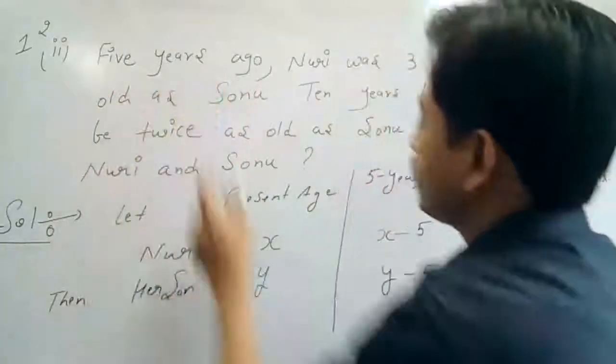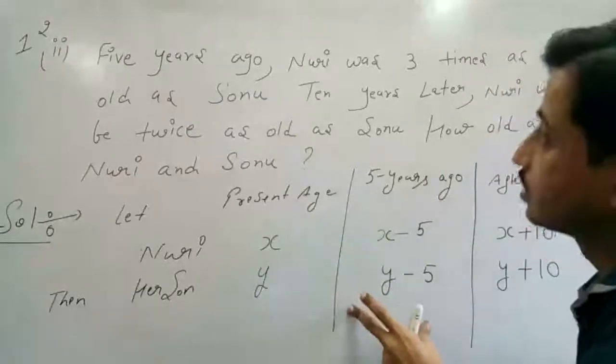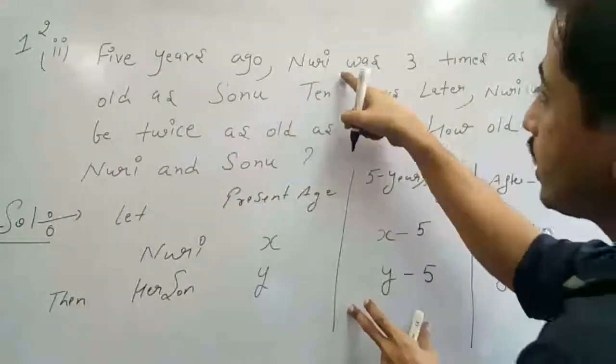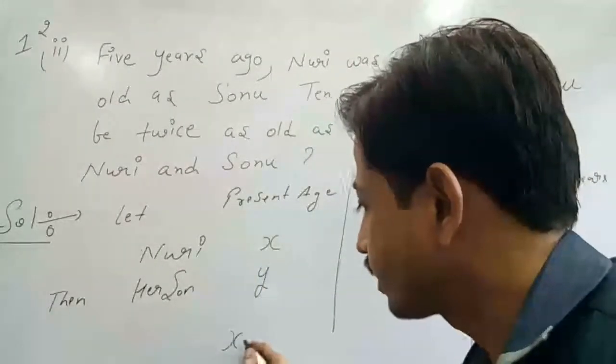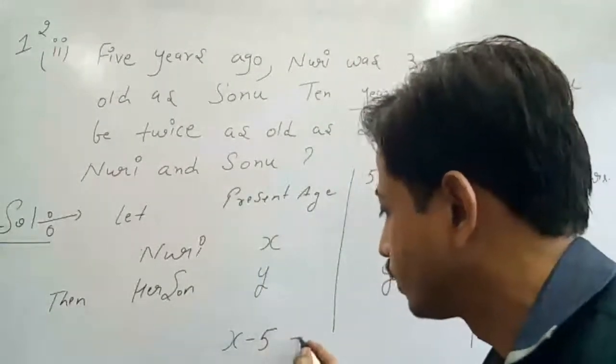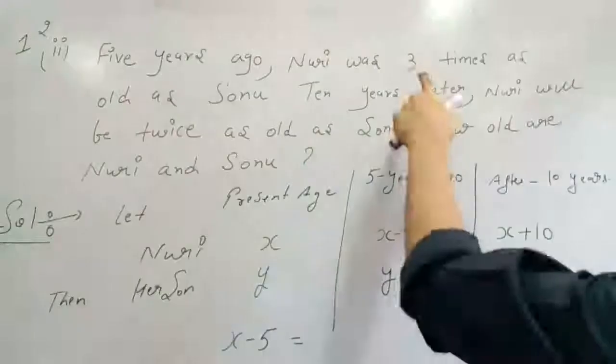5 years ago. It means we are talking about this age. Noori's age is what? X minus 5. X minus 5 is what?